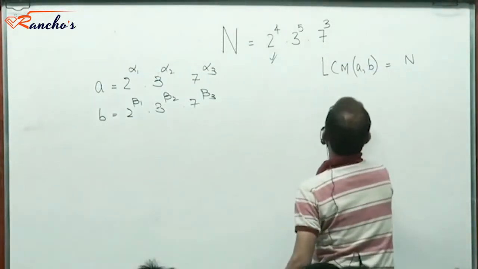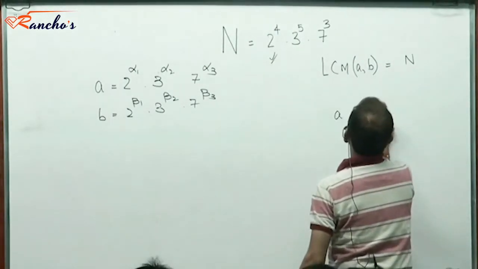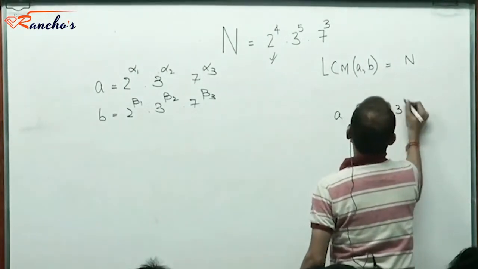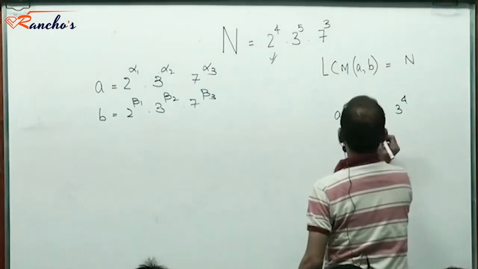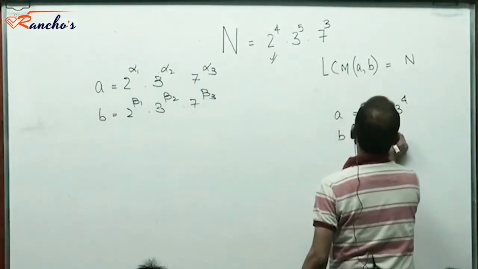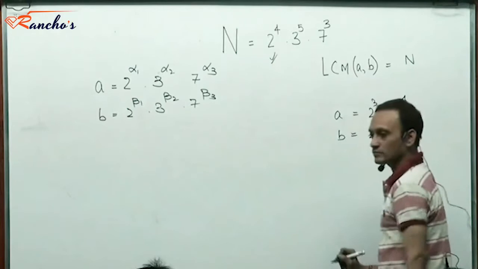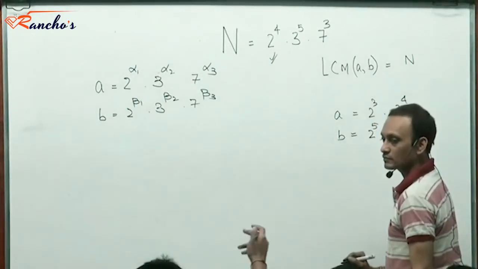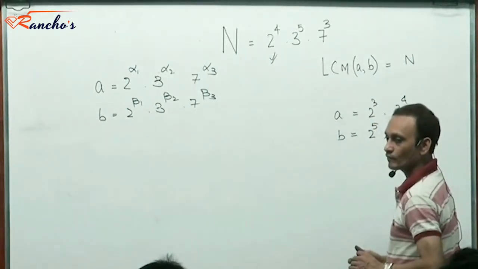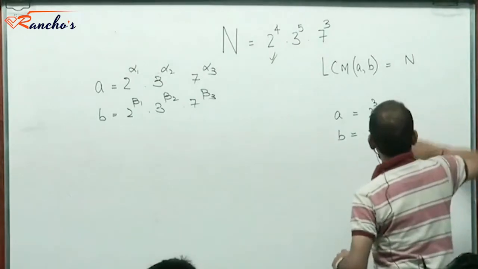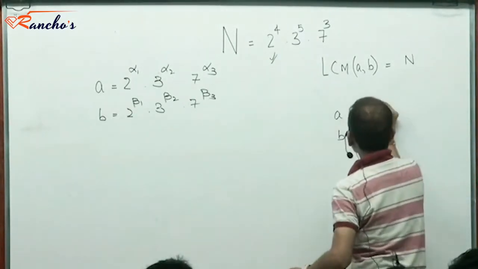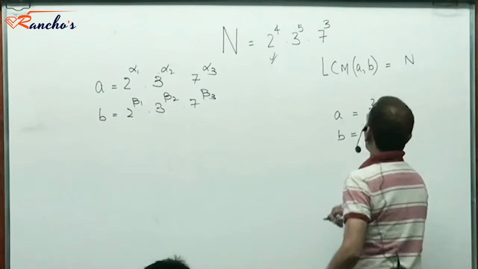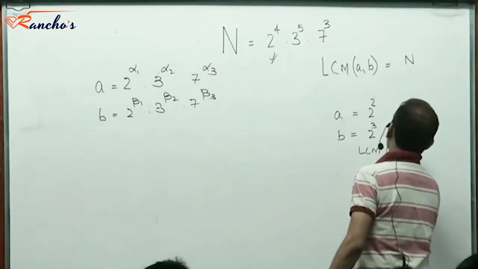Suppose I have A as 2 cubed, 3 to the power 4, and B as 2 to the power 5, 3 to the power 7. What is then the LCM of A and B?